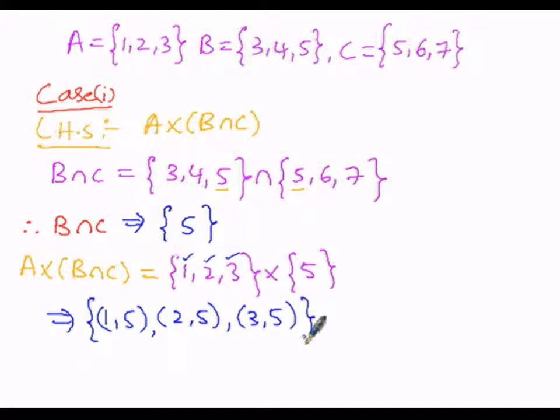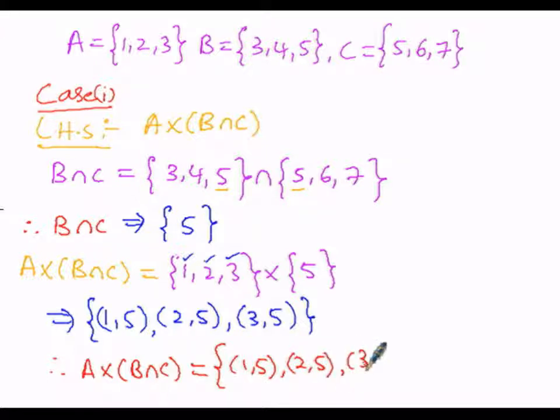Therefore A cross B intersection C is equal to the set consisting of the elements 1 comma 5, 2 comma 5 and 3 comma 5. These are the elements of A cross B intersection C, and we assume this as the first equation, which we got from the LHS.